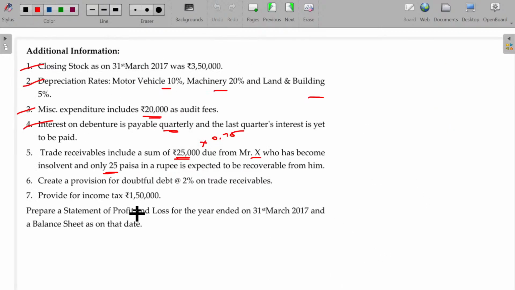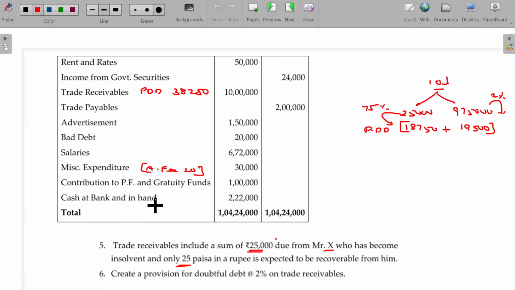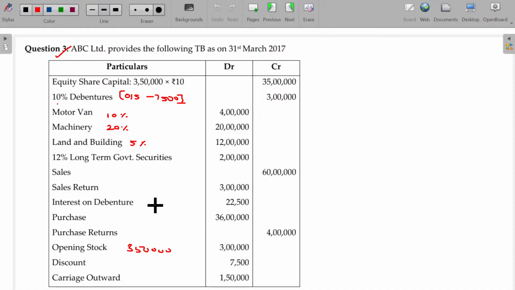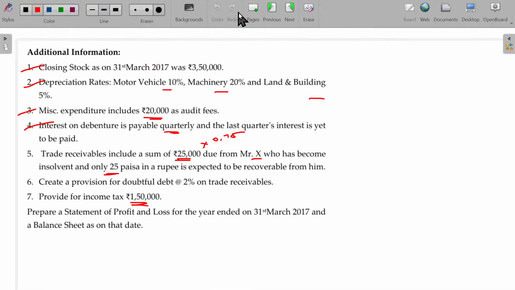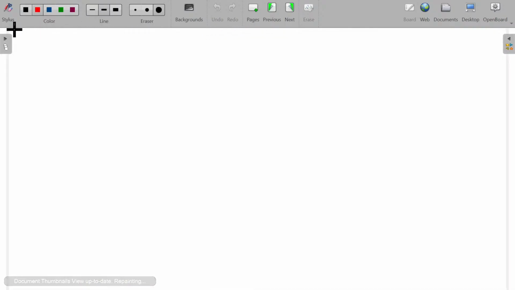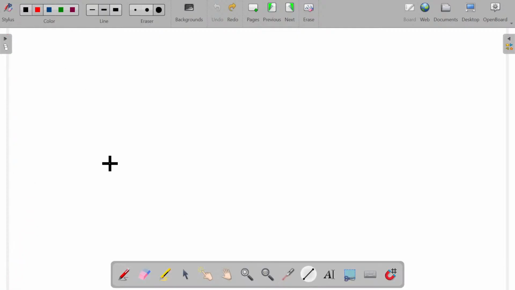And income tax 1,50,000. Now we can prepare all the ledgers and financial reports, the income statement and the financial position statement, both will be prepared.